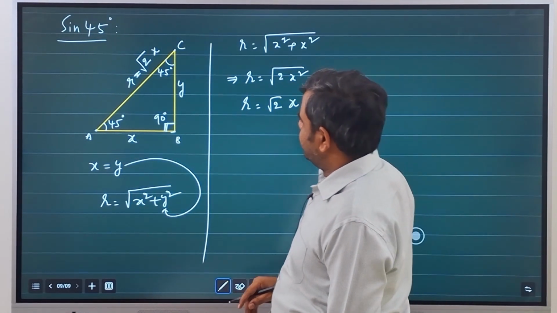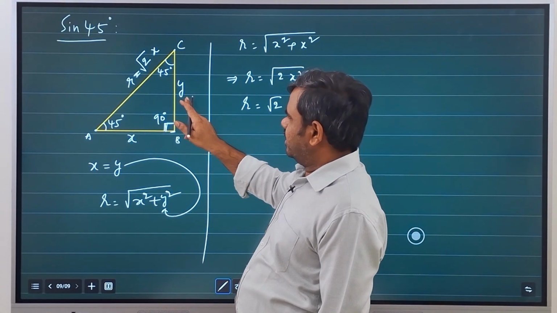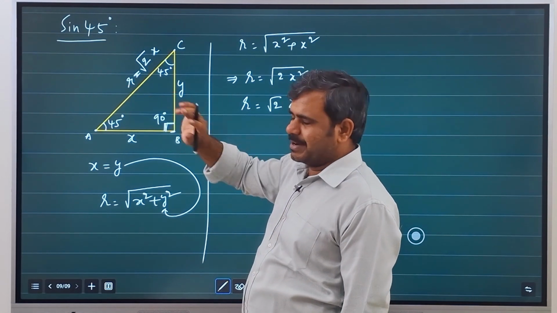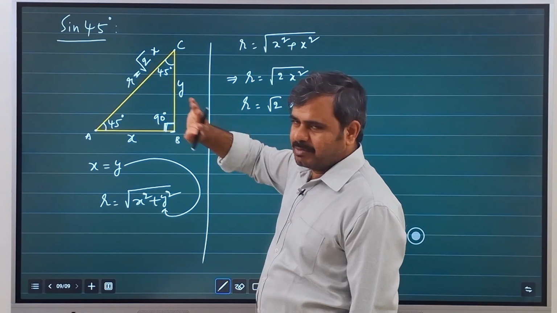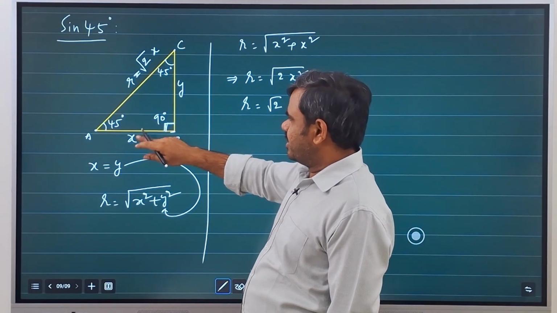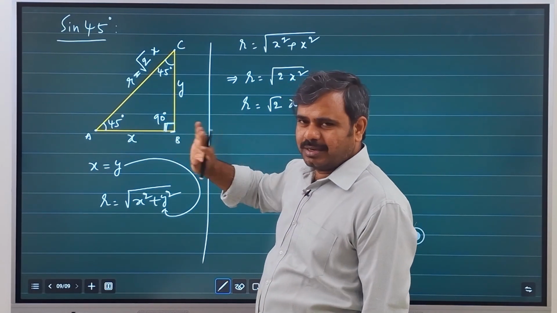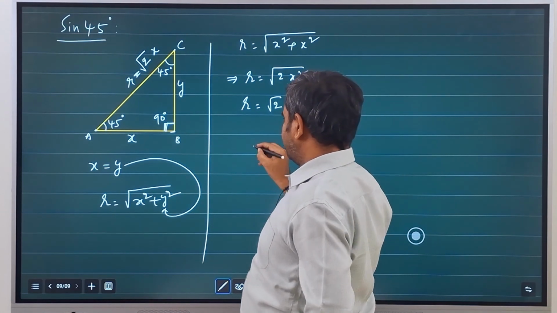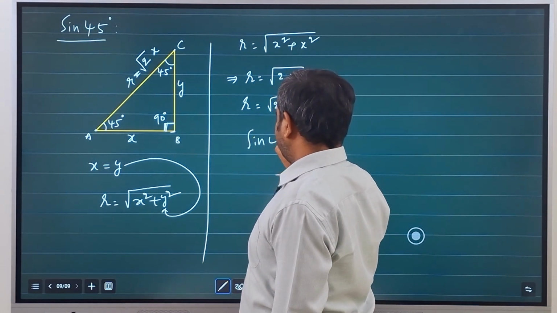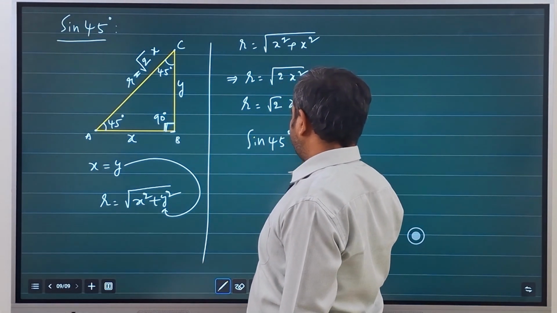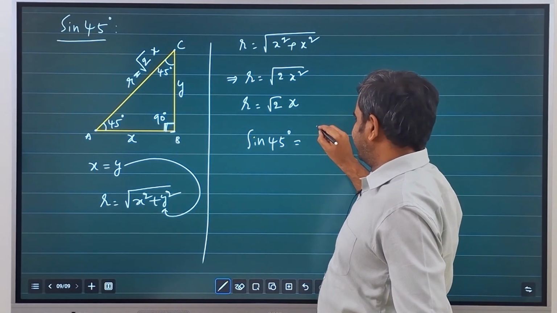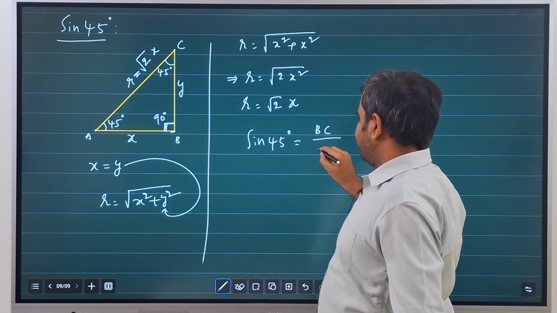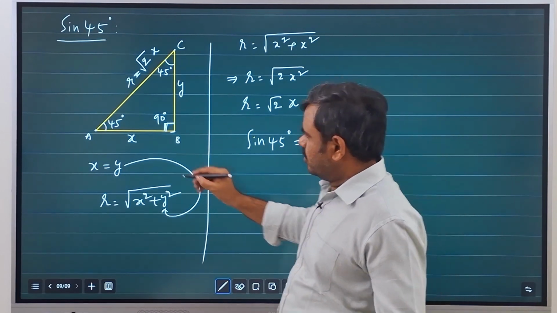Now, sin 45 degrees is opposite side divided by hypotenuse. Cos 45 degrees, adjacent side divided by hypotenuse. Tan 45 degrees, opposite side divided by adjacent side. If you do that, sin 45 degrees is BC by AC, opposite to this angle theta.